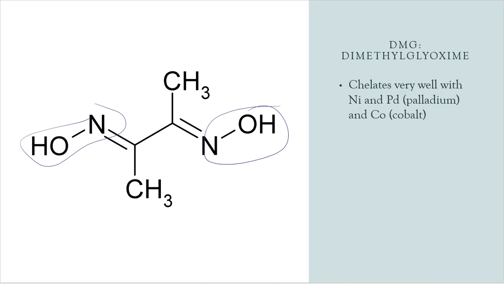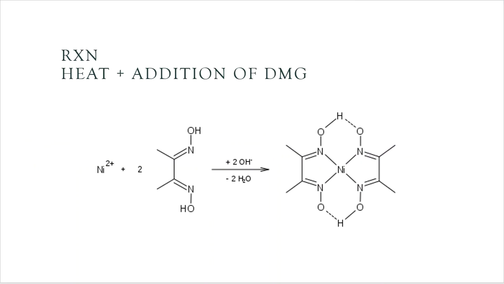DMG also has a tendency to grab on to palladium and cobalt as well. So yet again, we add in things like tartaric to prevent that from happening. Once the nickel gets freed up, because I've dissolved it in solution, I'll see that solution change.